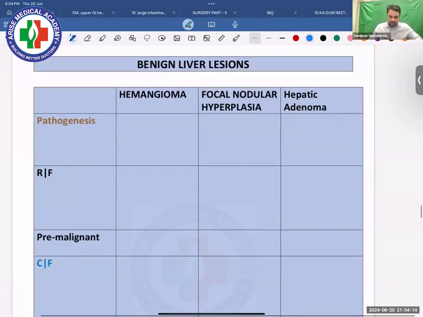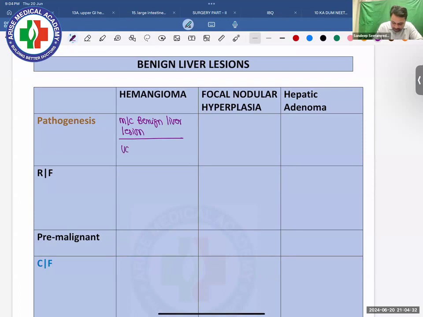Now, benign lesions of the liver are also important. Remember, when you talk about hemangioma of the liver, this is the most common benign liver lesion. When you talk about pathogenesis, it is not a true tumor, it is a vascular malformation.